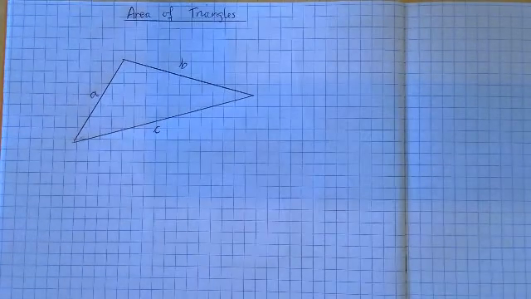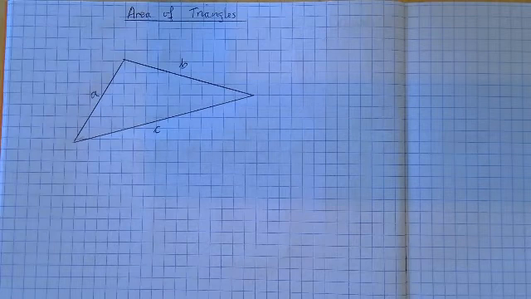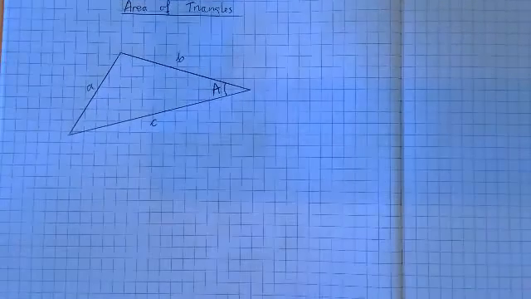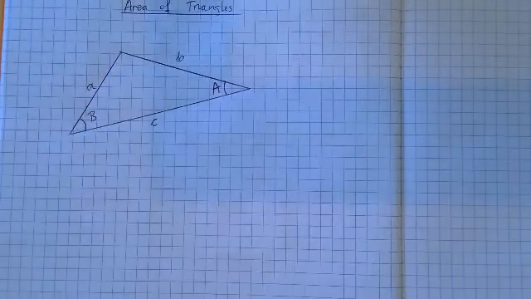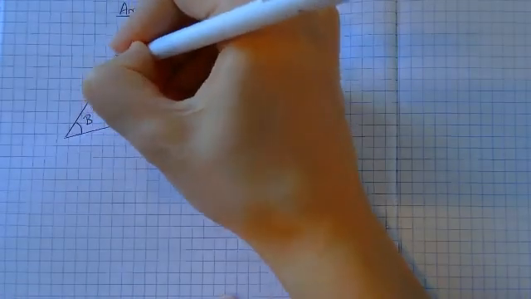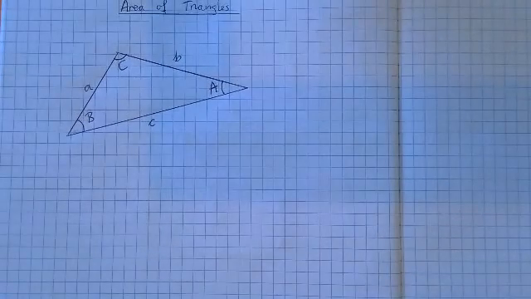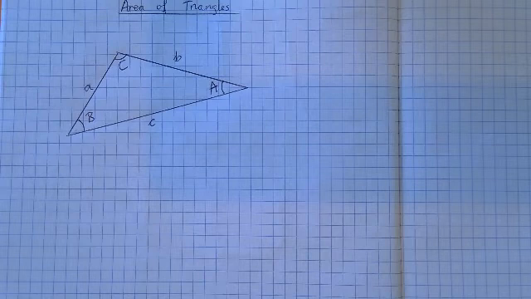Our angles are going to be labelled with capital A, B and C. And it's absolutely essential that your capital A is opposite your lowercase a, your capital B is opposite your lowercase b, and your capital C is opposite your lowercase c. That's really, really important. I need you to memorise that way of labelling a triangle.